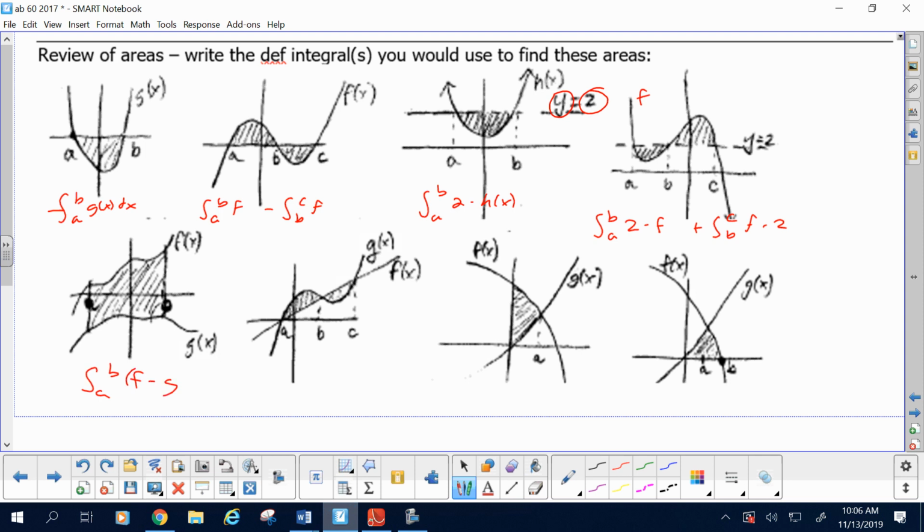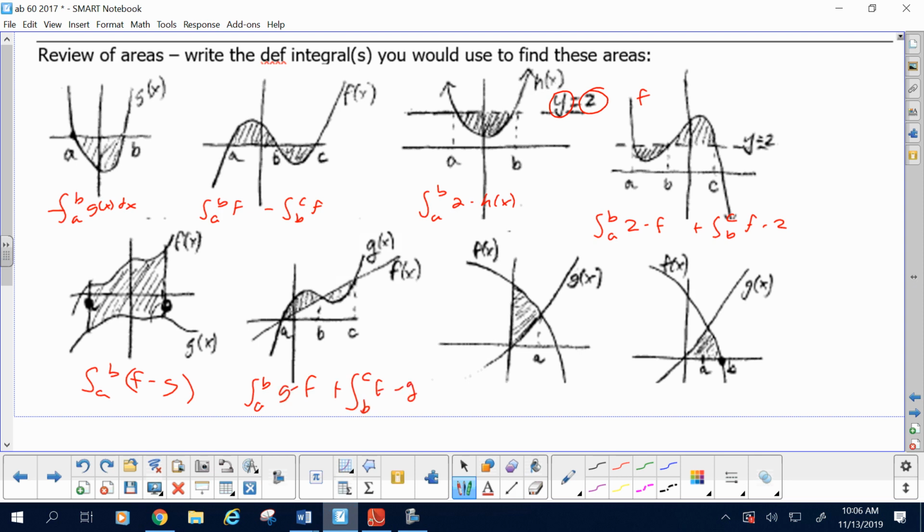F minus g, true. Ms. Brown, what do you think on the sixth one? I agree, sorry, it took me a second. Plus? I agree.